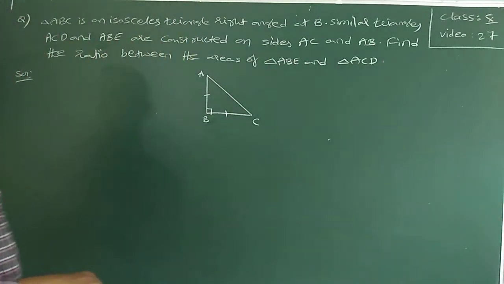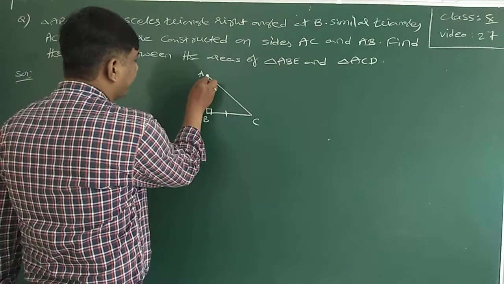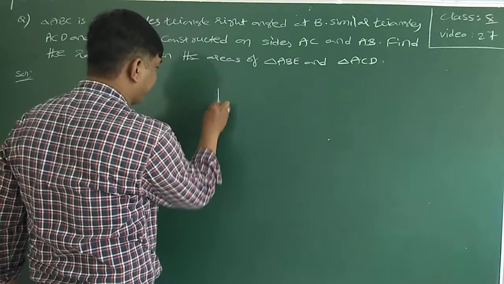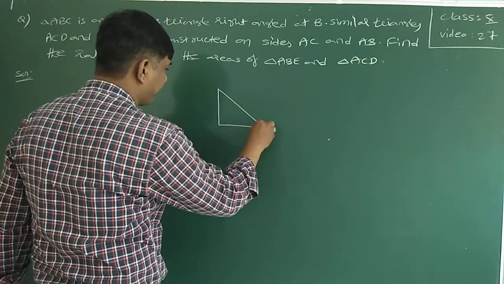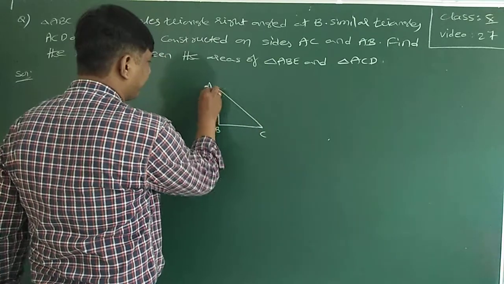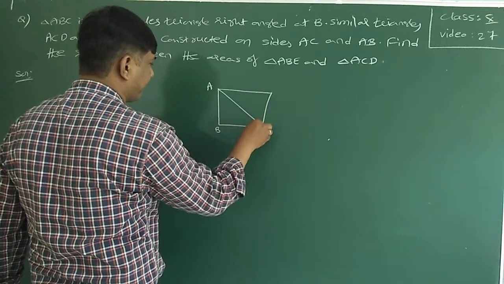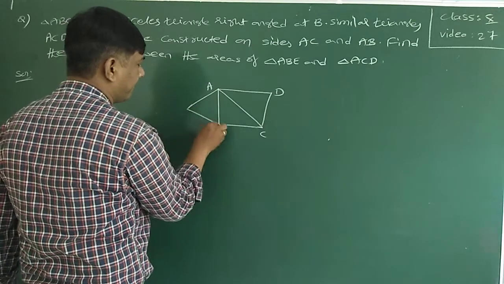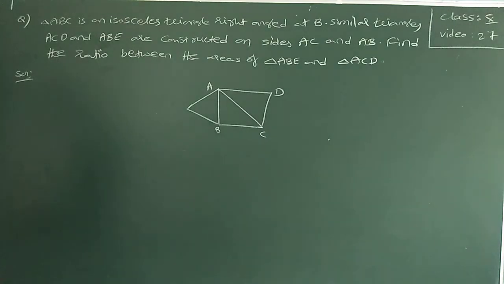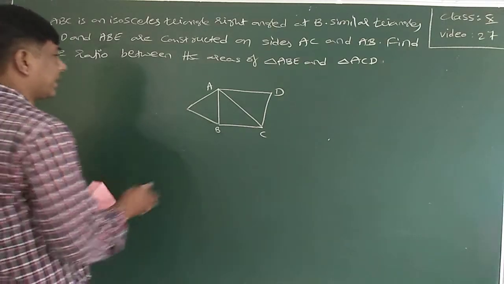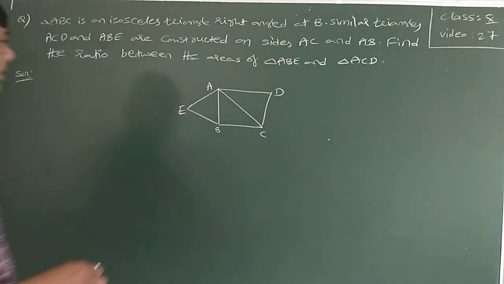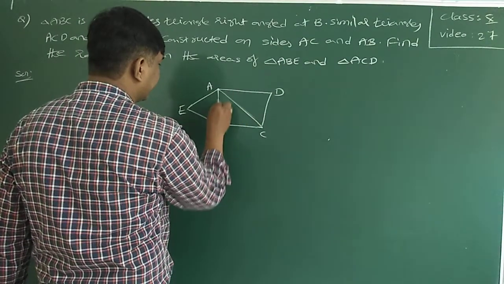Similar triangles ACD and ABE. Okay, these are the two similar triangles, drawn on AC and on AB.